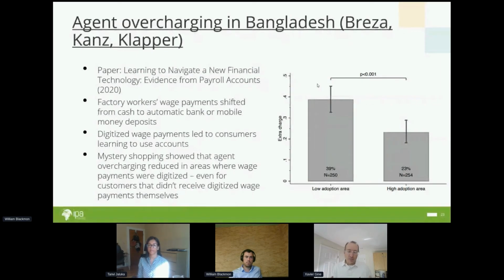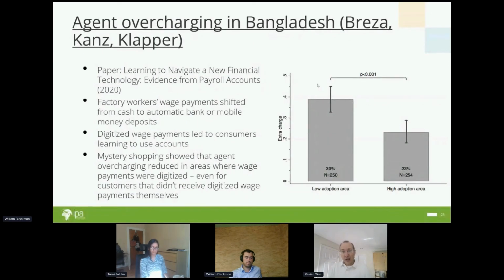Now, the fact that the wages were directly deposited into the account made people actually use these accounts. So you see that there are more transactions, and they learn more about these accounts. They also started to transact outside. In all these factories, there was an agent nearby that was ready to help the worker, but you start to see transactions outside.